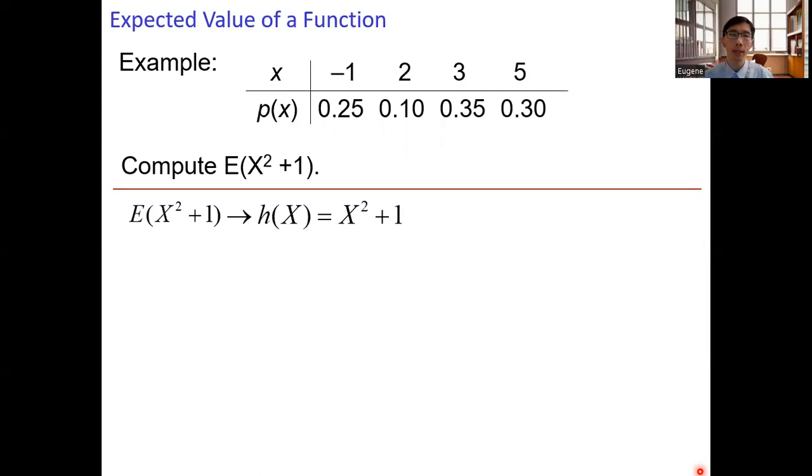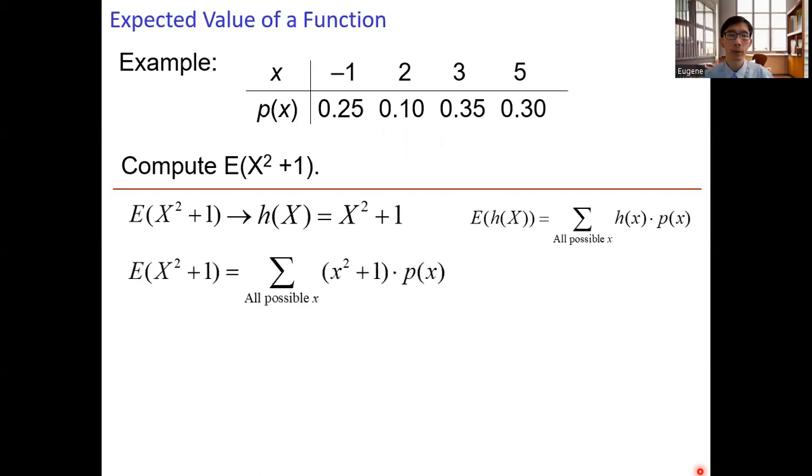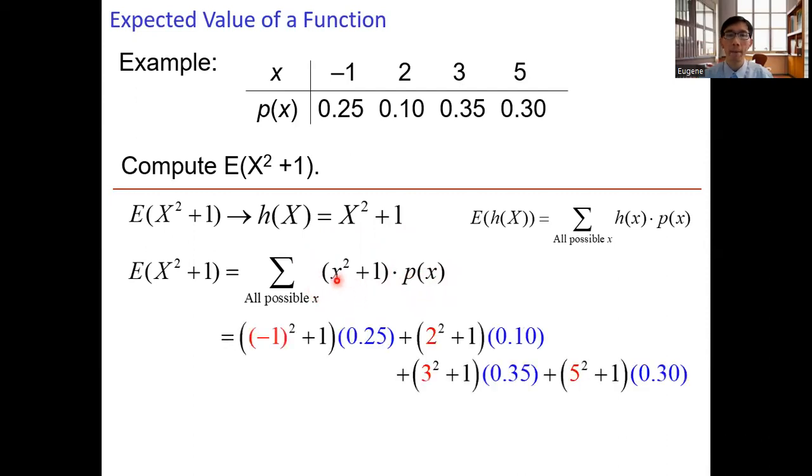And then applying the expectation of h of x formula, we will multiply x squared plus 1 with the associated probability for each possible value of x. So the first term, we have x equals -1. So we have -1 squared plus 1 multiplied by the probability 0.25.